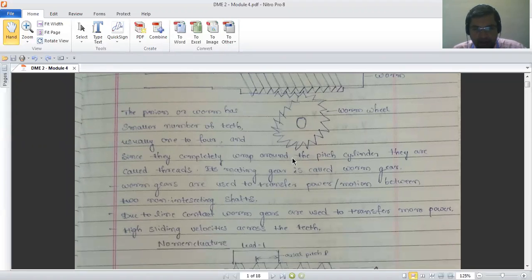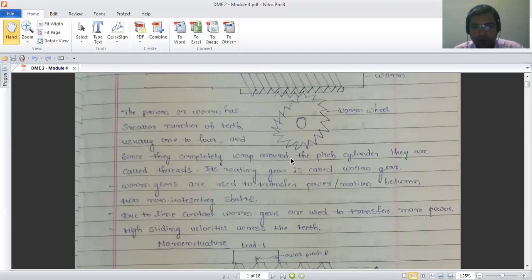Due to line contact, worm gears are used to transfer more power. In case of spur gear, helical gear, and the bevel gear, the contact between the pinion and the gear is a point type, whereas in case of worm and the worm wheel, it is a line contact.